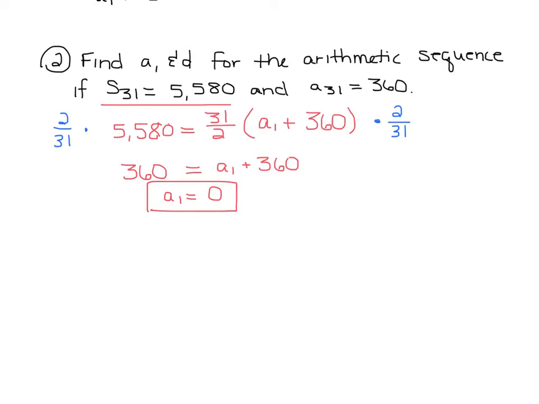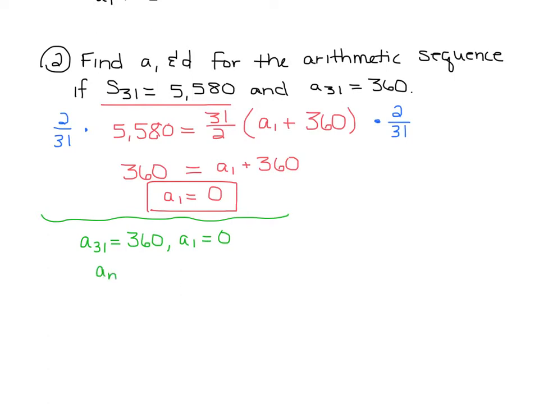Okay, so we used today's formula to come up with our a sub 1. Now we're going to go back to topics from yesterday, because now we have to find our d. For this, I have my a sub 31 is 360, and I have my a sub 1 equals 0. And we're back to exactly what was going on yesterday. Plugging it into my a sub n equals a sub 1 plus the quantity of n minus 1 times d.